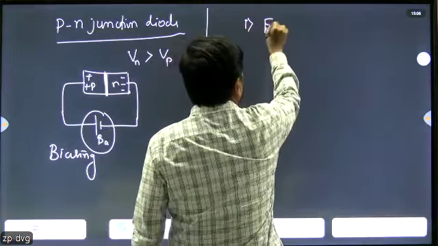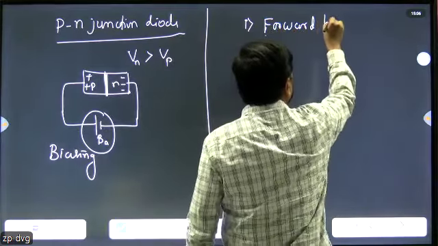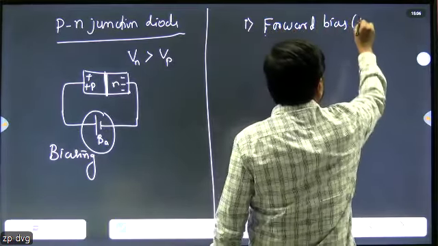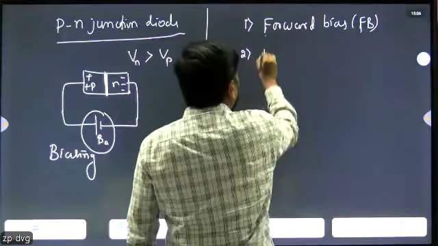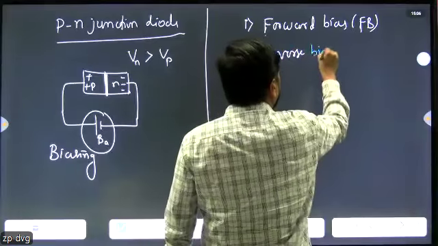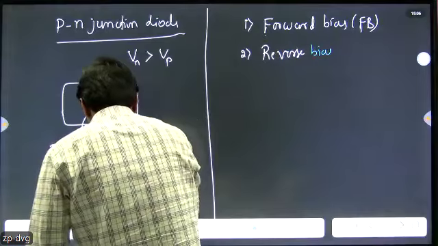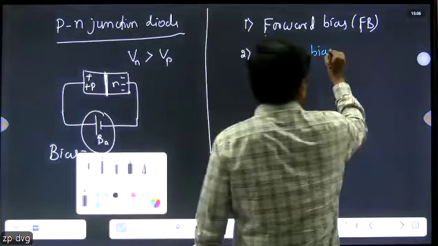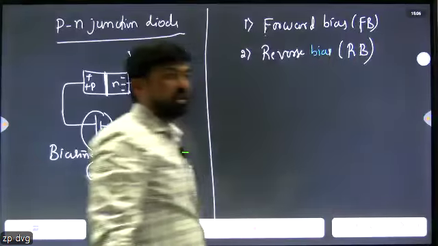First one, forward bias, you can call it FB. And second one, reverse bias, name it as RB.